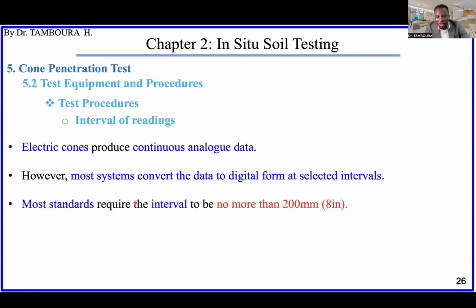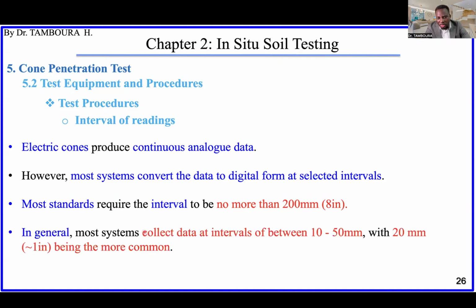Most standards require the interval to be no more than 200 millimeters. In general, most systems collect data at intervals between 10 and 50 millimeters. 20 millimeters is the more common interval. So every 20 millimeters, you take data.